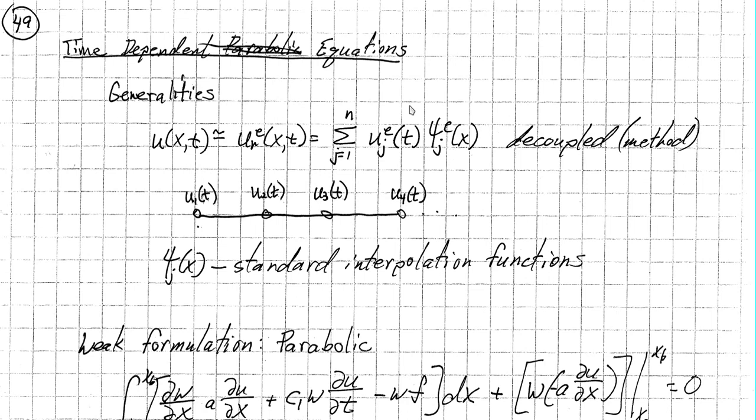And here are your interpolation functions, which are only spatially dependent. So it's a decoupled method. This is typically what's used in most cases. So you've got these time-dependent solutions at each point, and we're going to interpolate between them with the interpolation functions. These are no different than we've studied before.